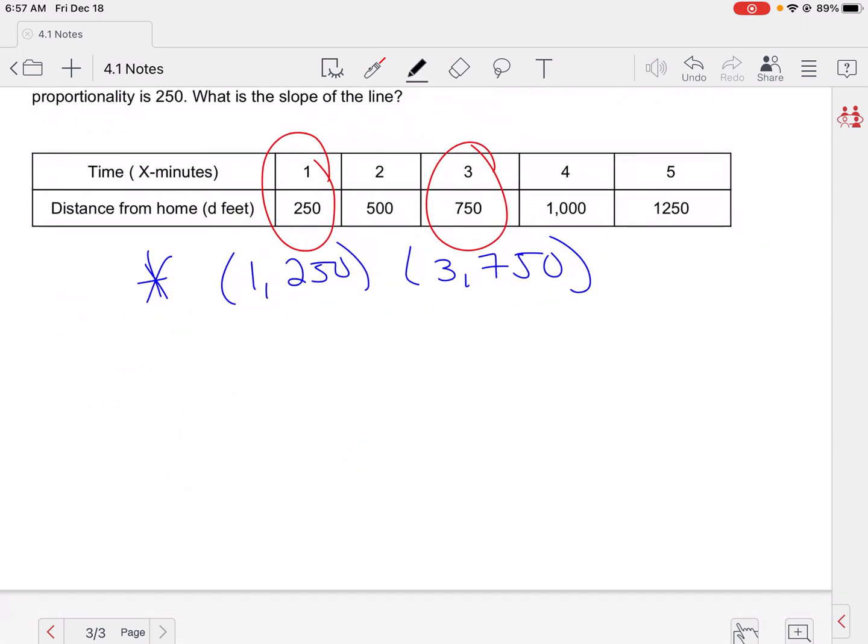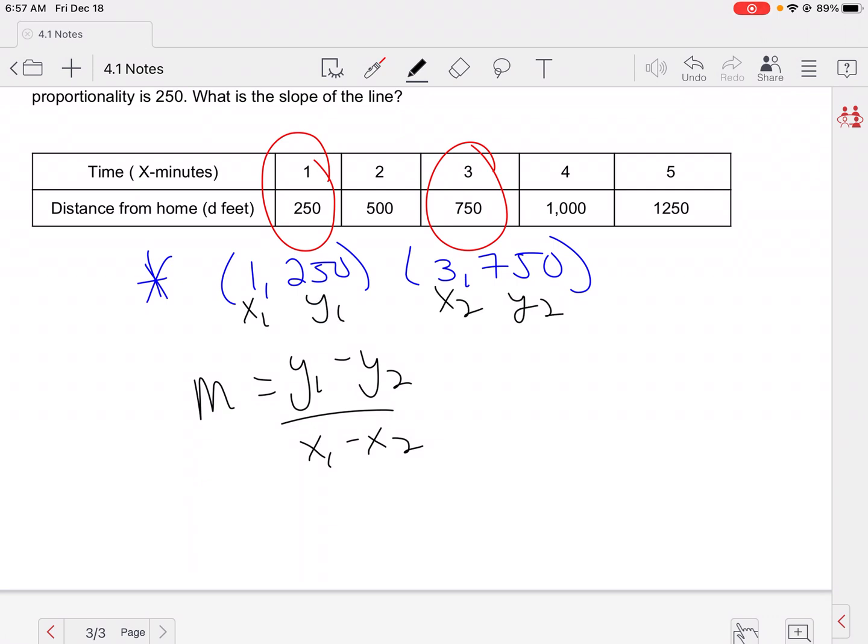slope. So I'm going to have m equals y1 minus y2 over x1 minus x2. I'm going to go ahead and label these. Okay, so y1 is 250 minus y2, which is 750. x1 is 1 minus x2, which is 3.